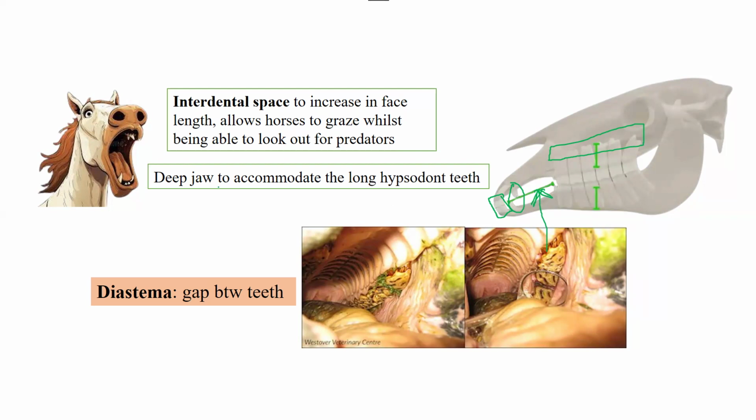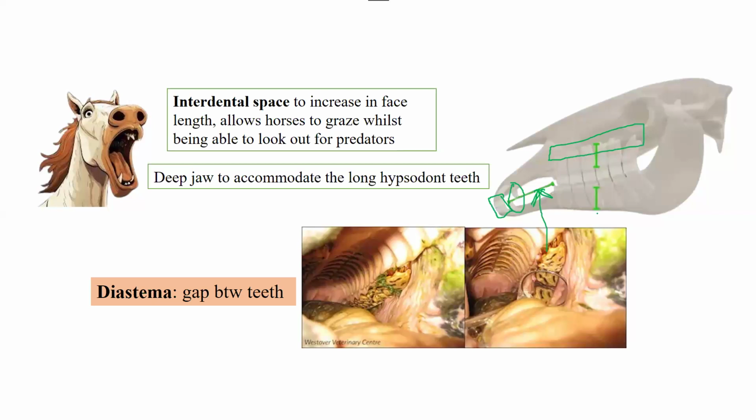Next, horses have deep jaws. These deep jaws help them to accommodate their hypsodont teeth. We have studied in our previous lectures what hypsodont teeth and brachydont teeth are.